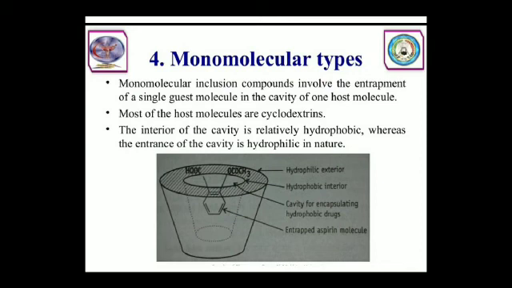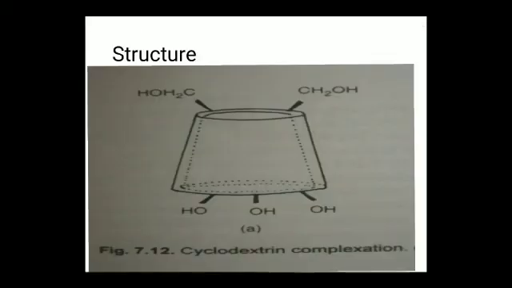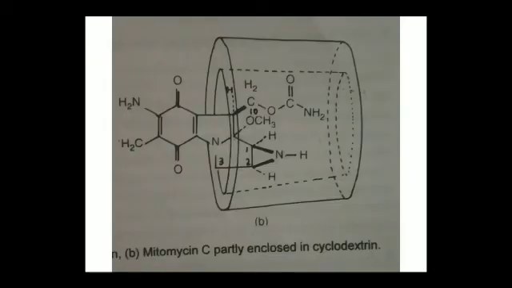By observing the following diagram, aspirin is encapsulated in the hydrophobic cavity. Due to their functional groups, they are both hydrophilic and hydrophobic in nature. Mitomycin is partially enclosed in cyclodextrins.